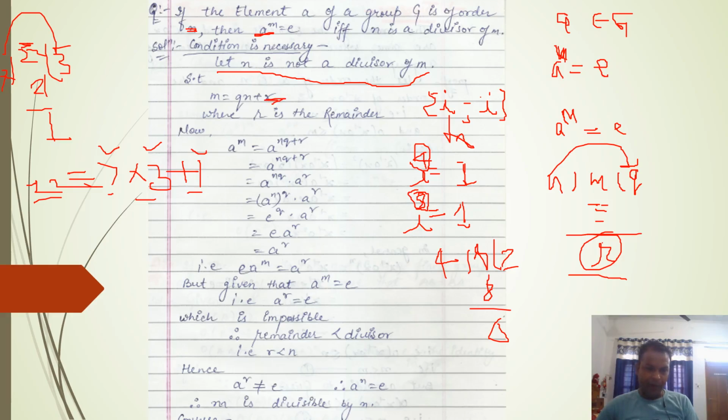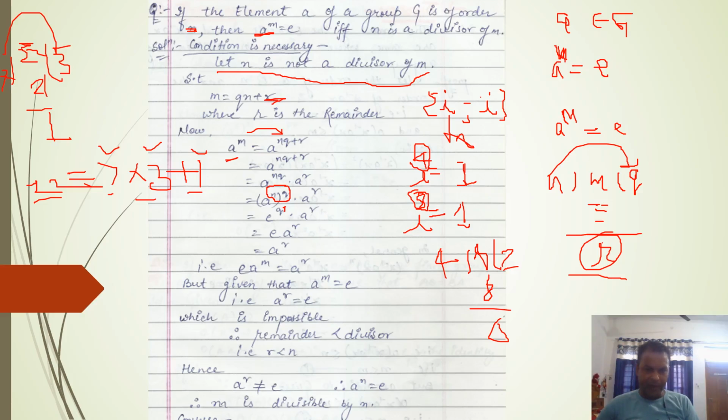Because if you apply this power m on the element a, then you will get identity. So a to the power m, where m can be written as nq plus r, you can break this result into two parts: a to the power nq into a to the power r. Commutativity is not necessary here.